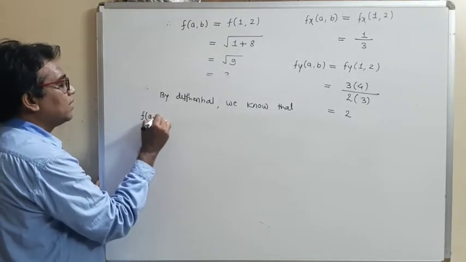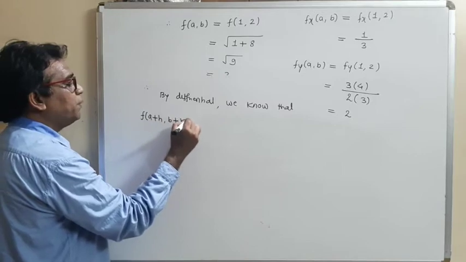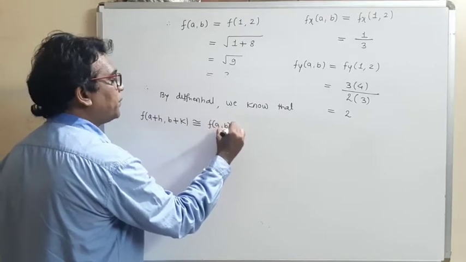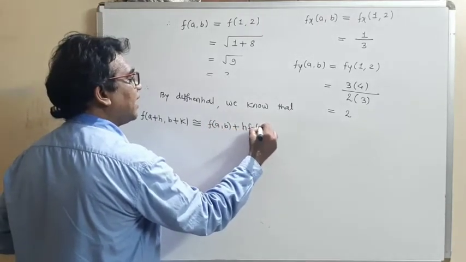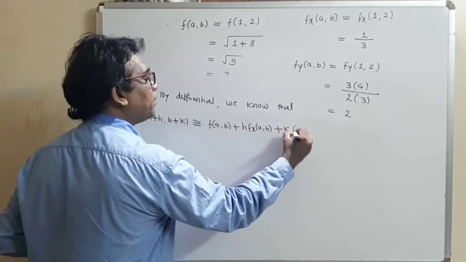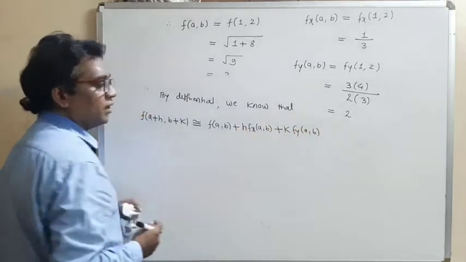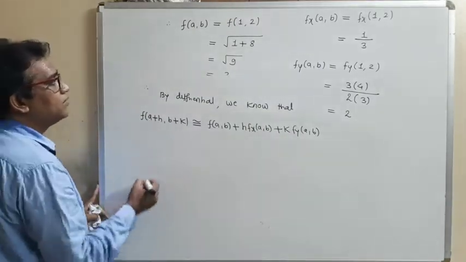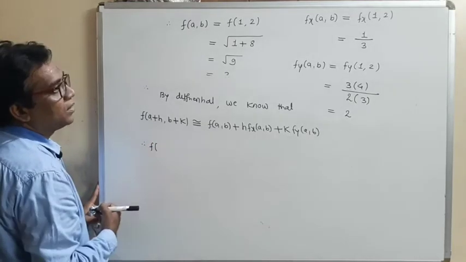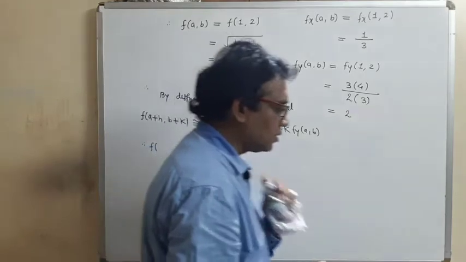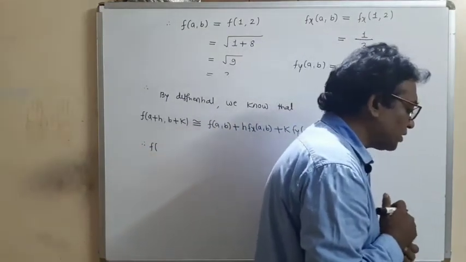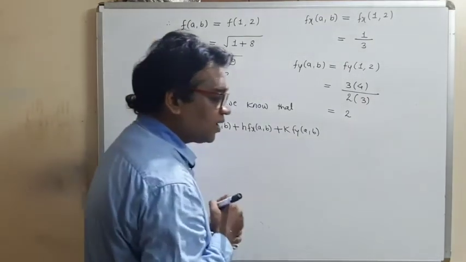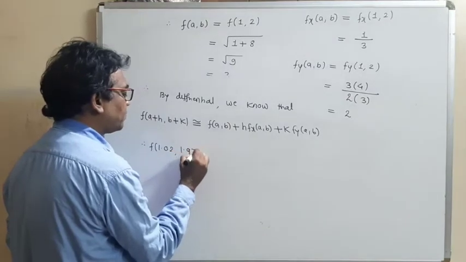So what is this formula? This is f of a plus h, b plus k, which is approximately equal to f of a b plus h into f x at a b plus k into f y at a b. So this is the differential formula for finding the approximate value. So just put the values. This is f of a plus h, which is 1.02, comma b plus k, which is 1.97.